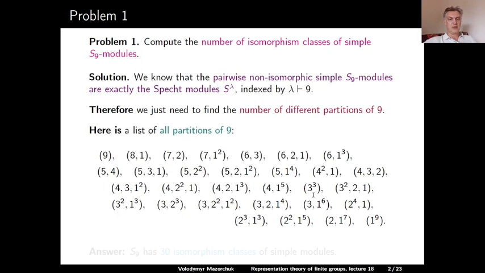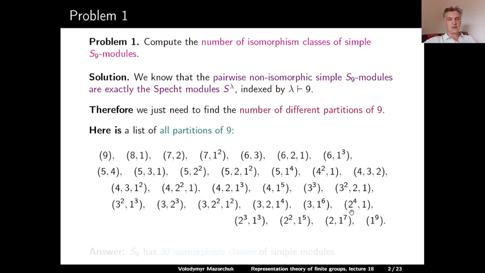For the maximal part 3, we have 3, 3, 3; 3, 3, 2, 1; 3, 3, 1, 1, 1; 3, 2, 2, 2; 3, 2, 2, 1, 1; 3, 2, 1, 1, 1, 1; 3, 1, 1, 1, 1, 1, 1, and that's it.